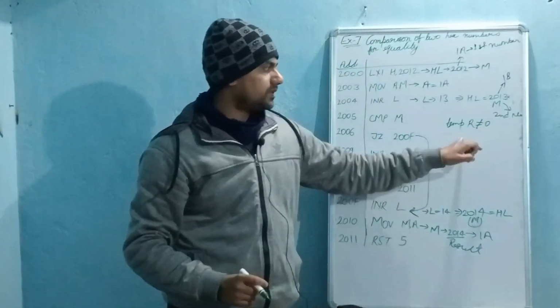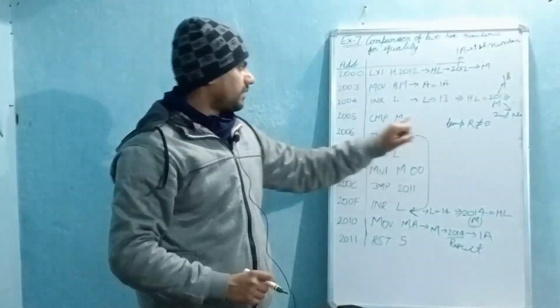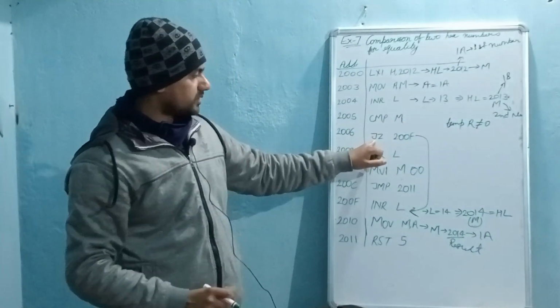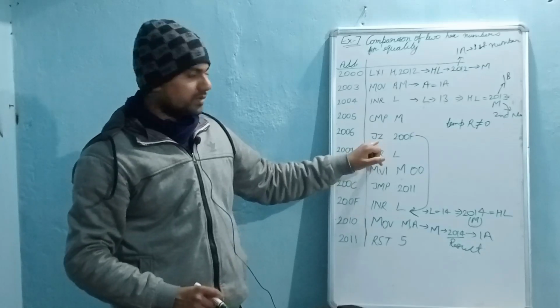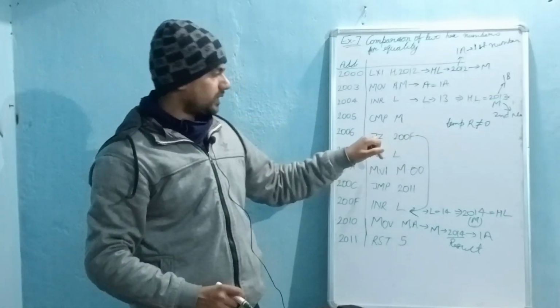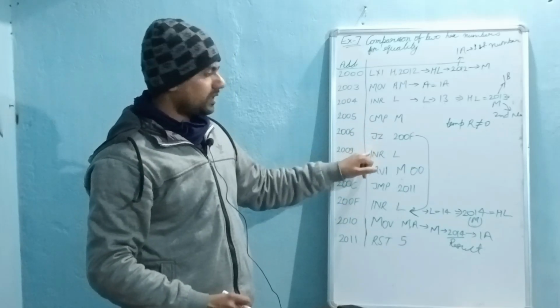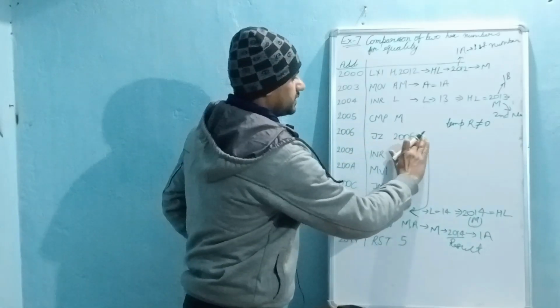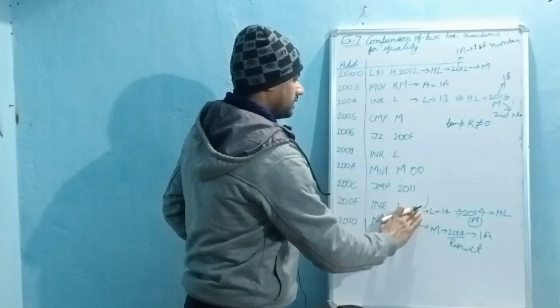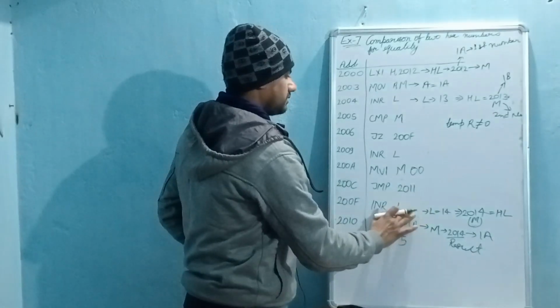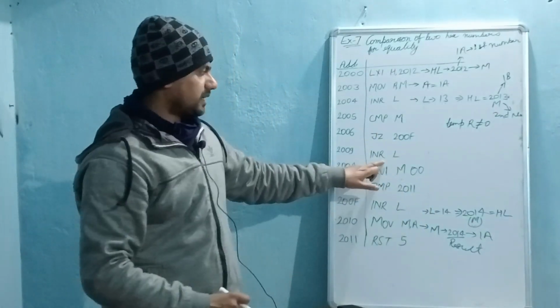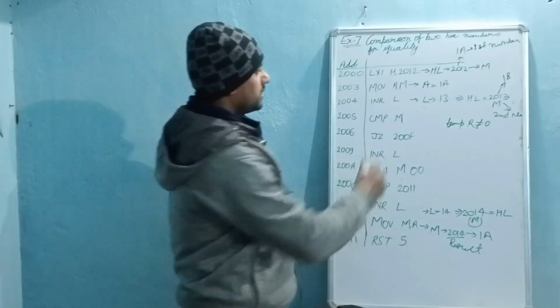Okay, since the temporary register is not equal to 0, in that case the next instruction given is JZ, jump if 0. Since it is not 0, it will not jump to the address 200F, and it will go to the next instruction. So the next instruction is INR L. So again increment this one.